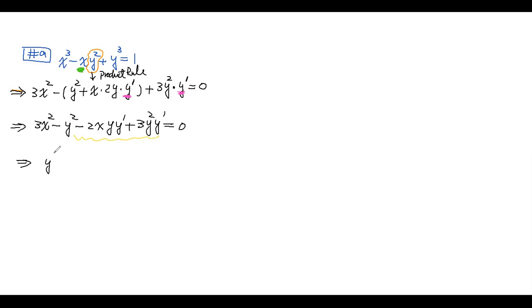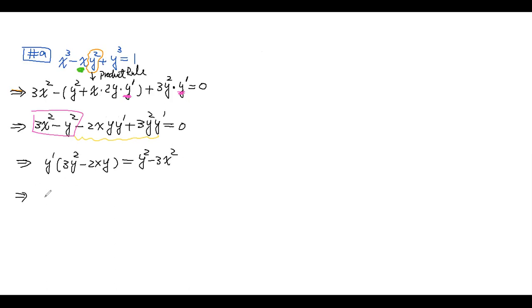So I would say y prime times (3y squared minus 2xy). Then I can move the terms without the y prime to the right-hand side, so it will be y squared minus 3x squared.